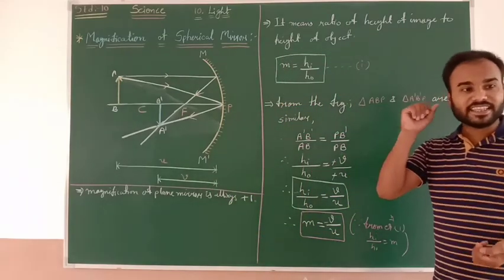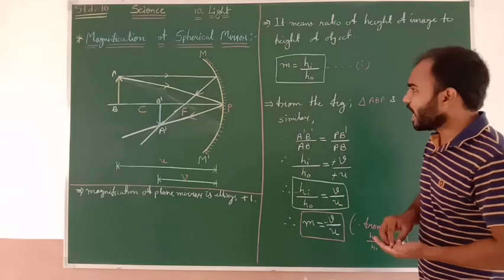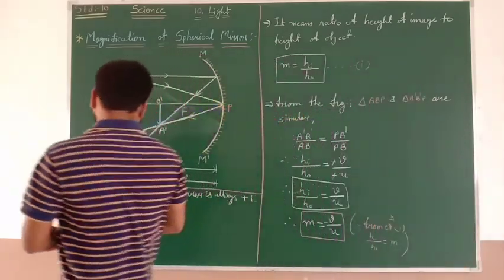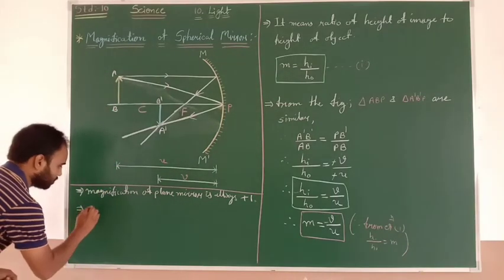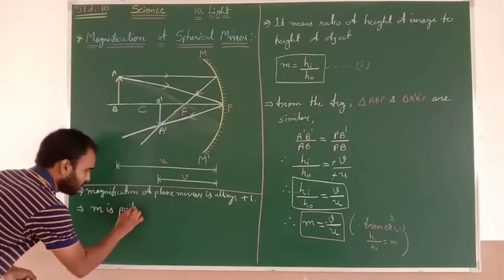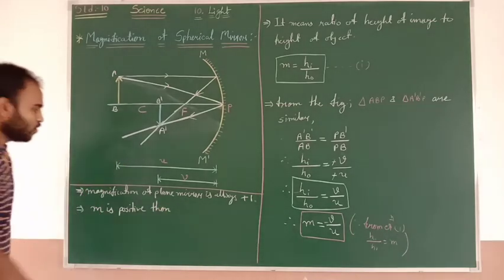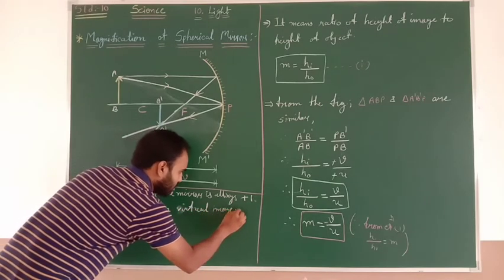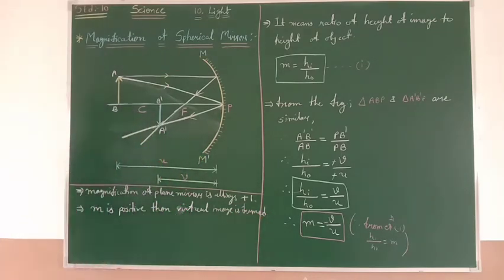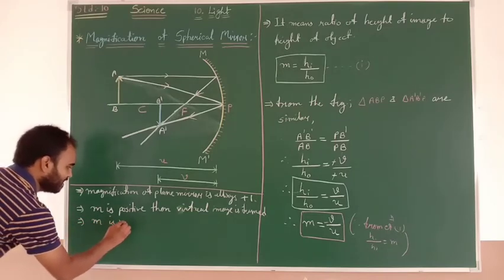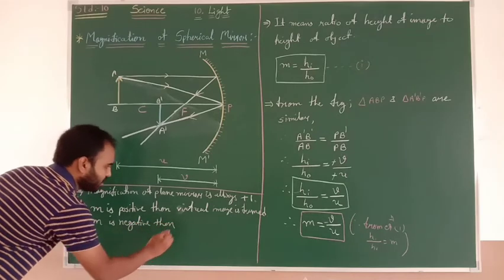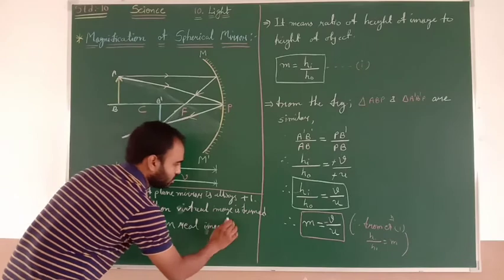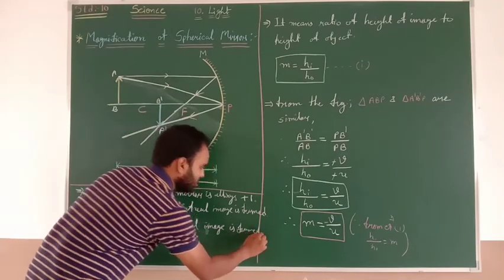Now we will see the second thing. If we are getting the value of magnification positive for a spherical mirror, if m is positive, then a virtual image is formed, and when the value of m is negative, then a real image is formed.